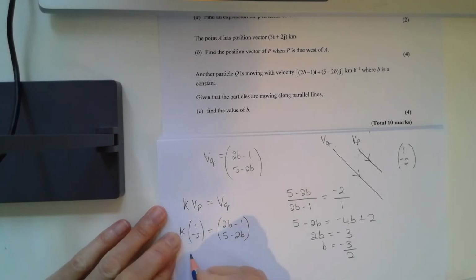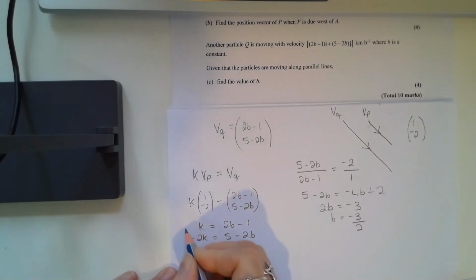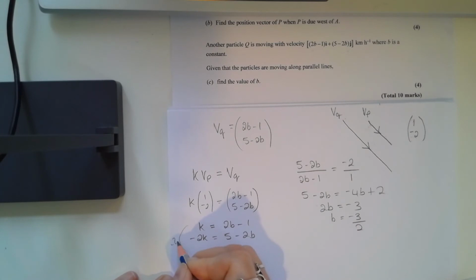So k equals 2b minus 1 and minus 2k equals 5 minus 2b, and then multiply this one by negative 2. So negative 2k equals negative 4b plus 2.